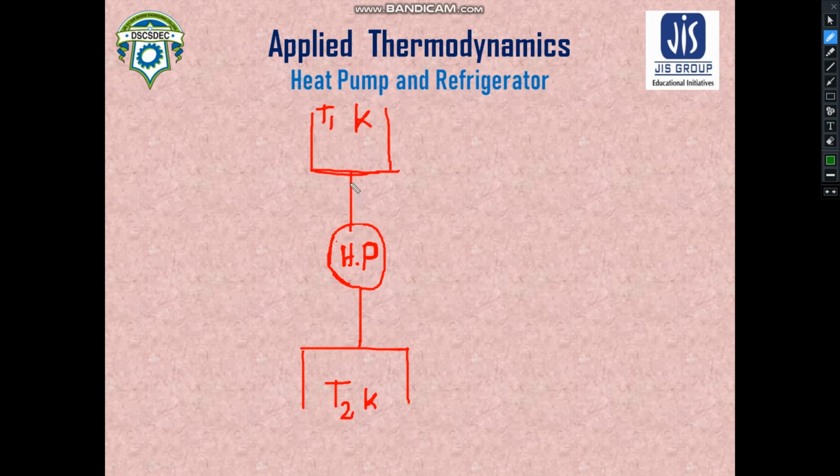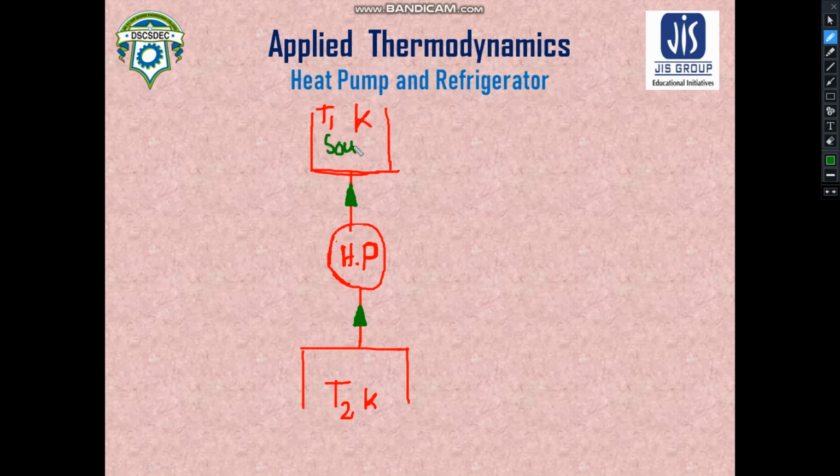That means the heat engine was receiving heat from this high temperature source, right? Here the heat pump will receive heat from this low temperature sink, and it will reject heat to the high temperature source.